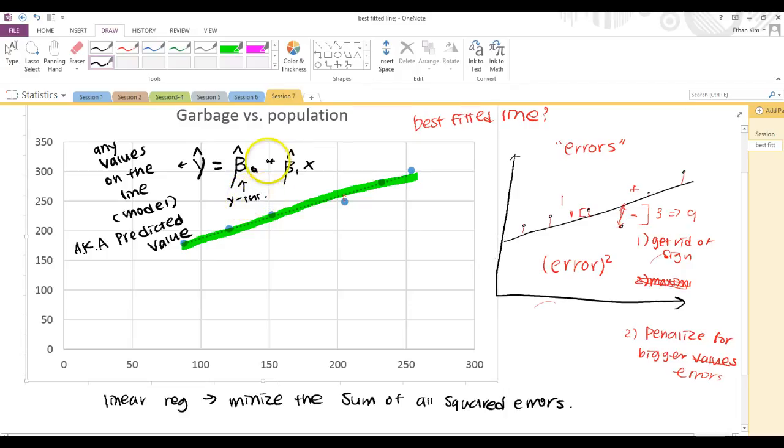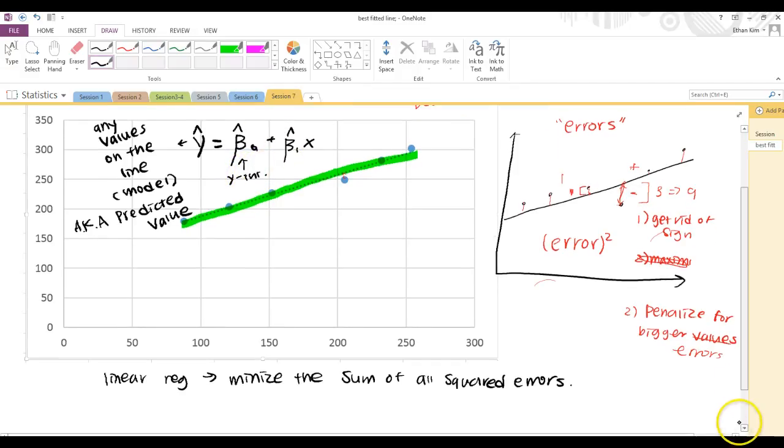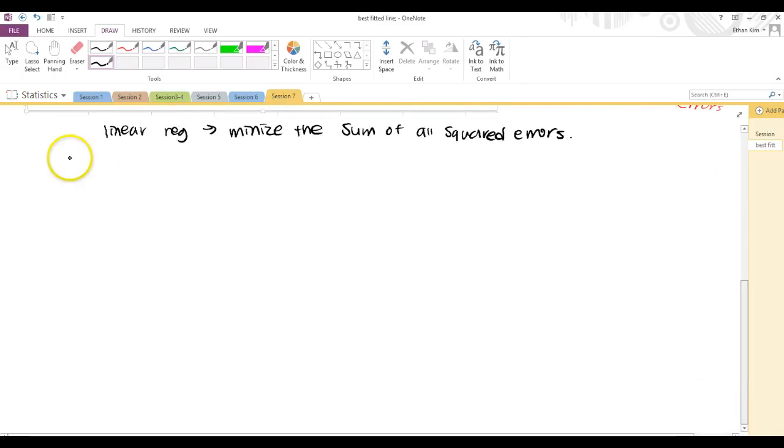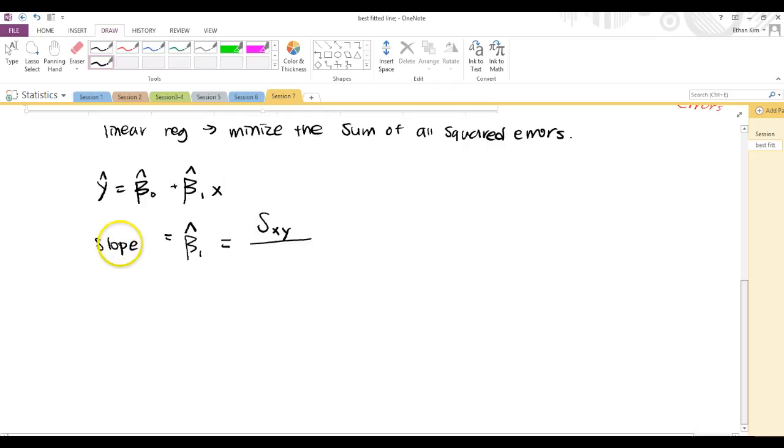Let's look at this. This is the equation of the line fitted by least squares. Let me write that down again: beta 0 hat plus beta 1 hat times x. The slope is beta 1 hat, and we find it by dividing Sxy by Sxx.